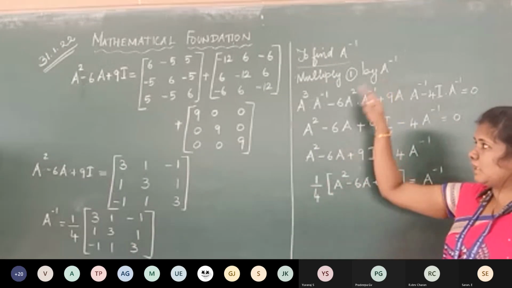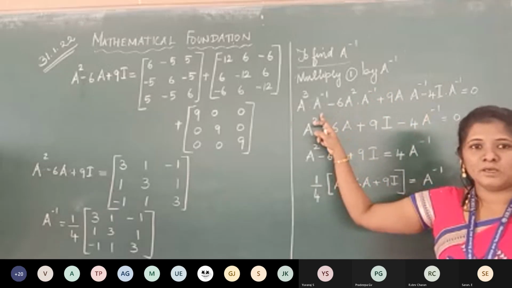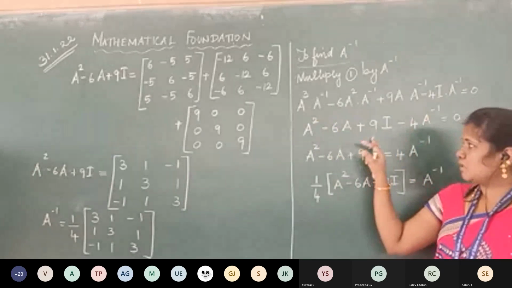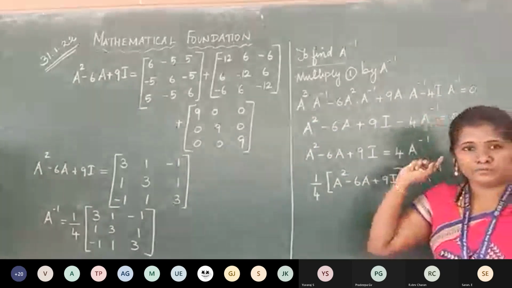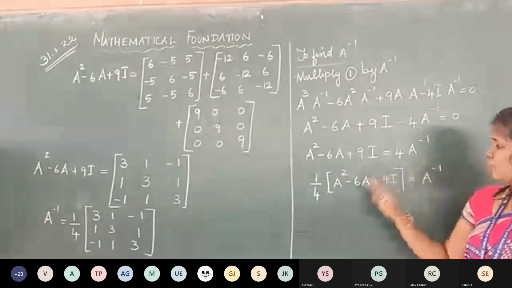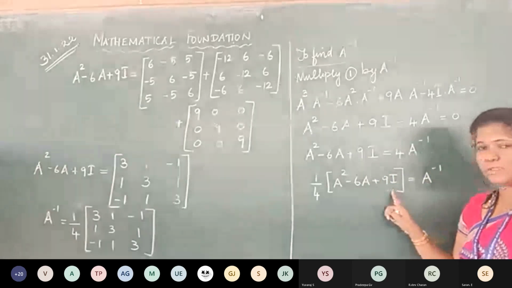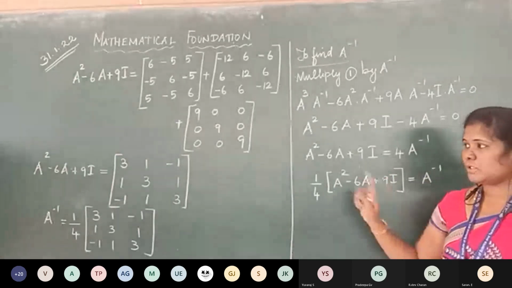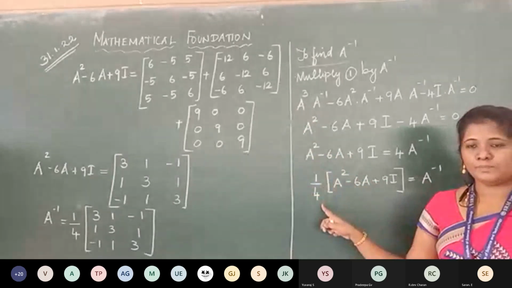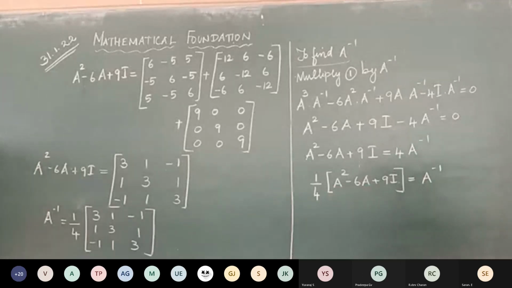A inverse is nothing but 1 by A. So you're multiplying and getting this equation. You need to find out only for A inverse, so keeping A inverse on this side, find out what it is. First find out what matrix we are getting for this, and after finding it, divide by 4, because your A inverse is 1 by 4. Okay, write it down.